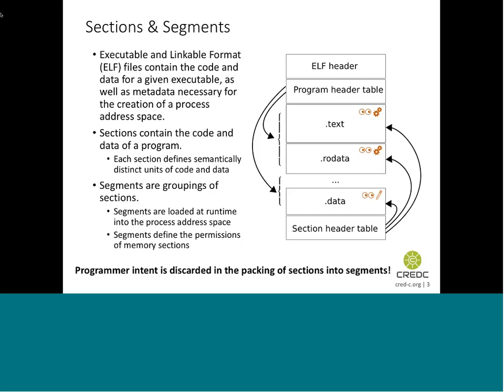Where this becomes interesting is when segments get involved. So part of the linking process involves grouping sections together to combine them into a segment. Segments are what actually get loaded at runtime, not the sections themselves. What this means is that for your average programmer, you have a mental model of how your executable, how your program works.